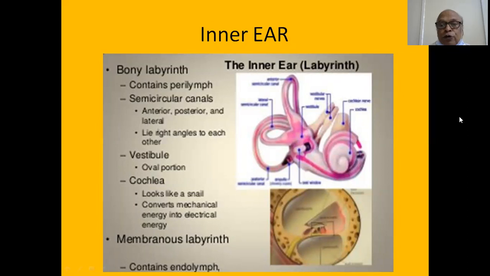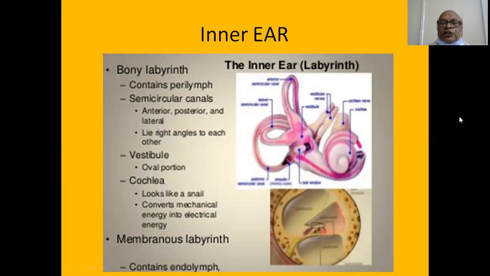The anteriormost portion of the inner ear is the cochlea, whereas the posterior part is called the vestibular labyrinth. The bony labyrinth, in which the inner ear is situated, contains the membranous labyrinth. In between the bony labyrinth and membranous labyrinth, there is a fluid called perilymph. Inside the membranous labyrinth, there is a fluid called endolymph.